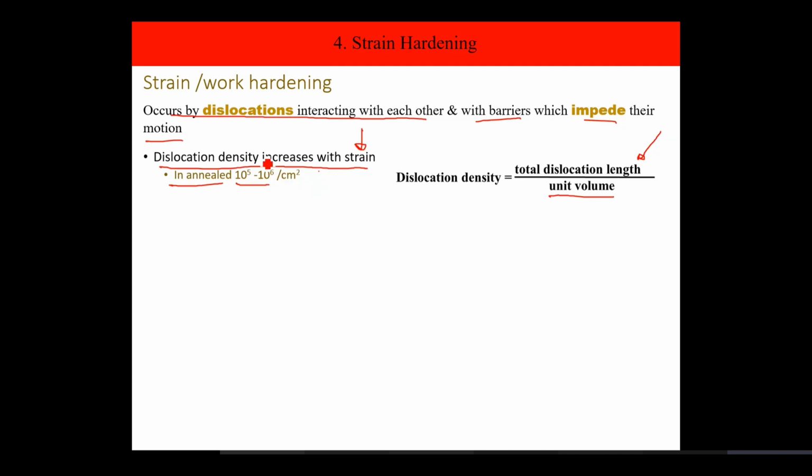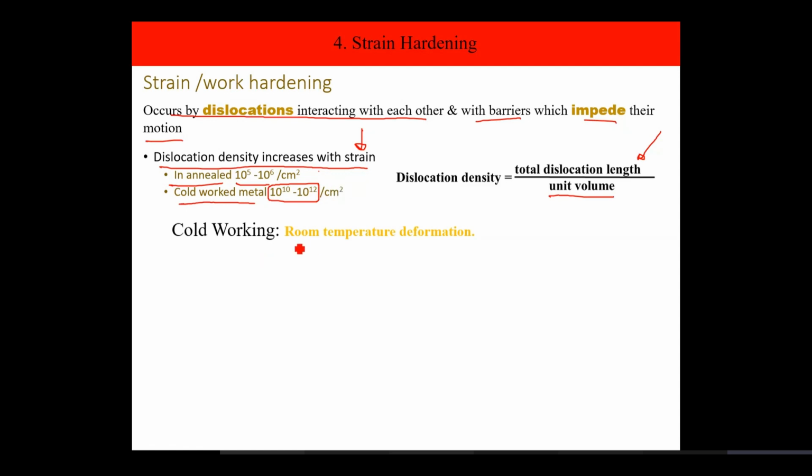For a strain hardened or cold worked material, this dislocation density increases greatly, to about 10^10 to 10^12 centimeters per centimeter cube of the material. And what is cold working?